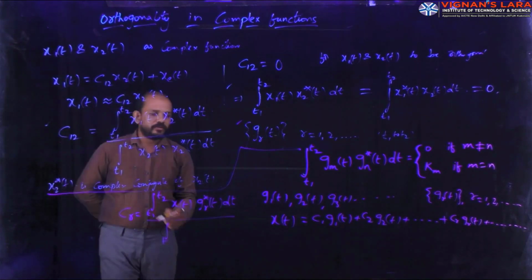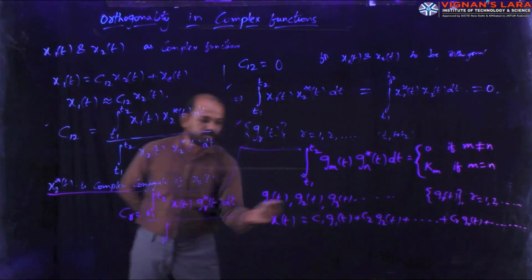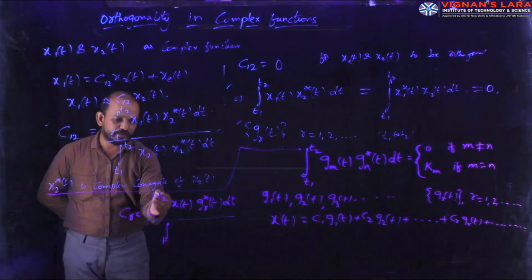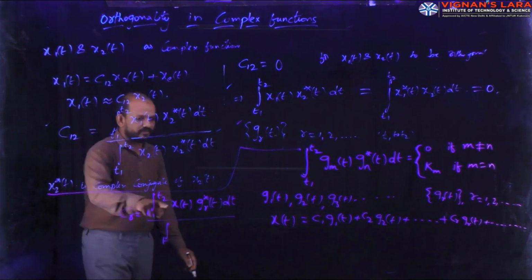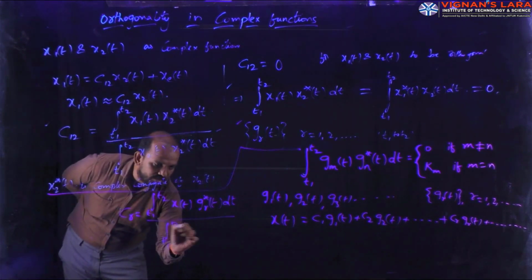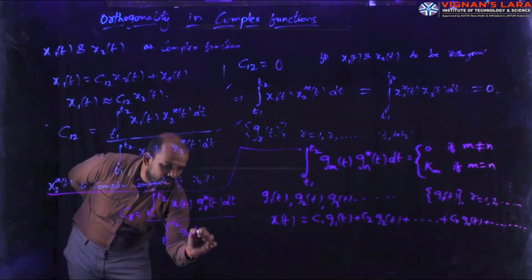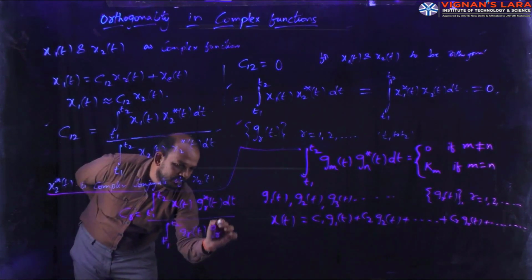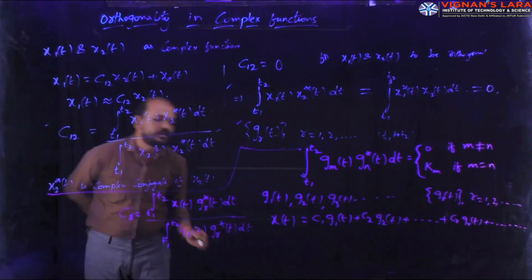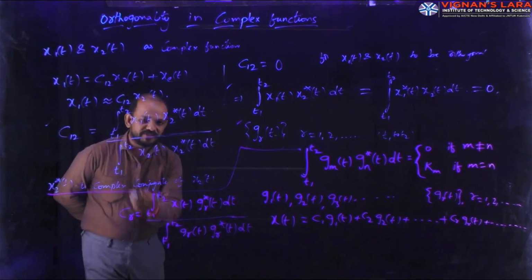From this, the value of the constants c1, c2, c3, and so on, that cr, will be given as cr equal to integral t1 to t2 x of t into gr star of t dt by integral t1 to t2 gr of t into gr star of t dt. This is the value of this cr.